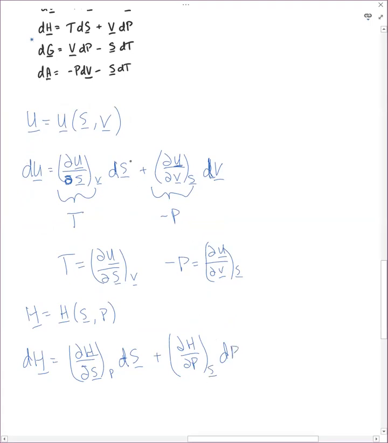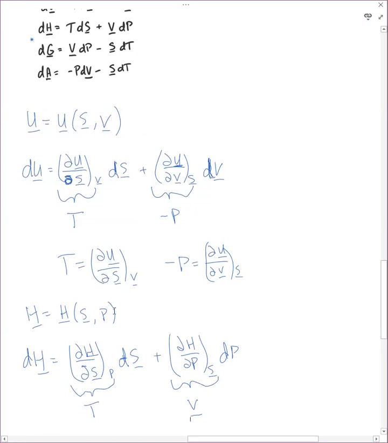All right, so comparing it again to the fundamental property relationship, dH/dS at constant P is also equal to T, and dH/dP at constant S is equal to V underbar. So you can continue on and do these for Gibbs free energy and Helmholtz energy as well.